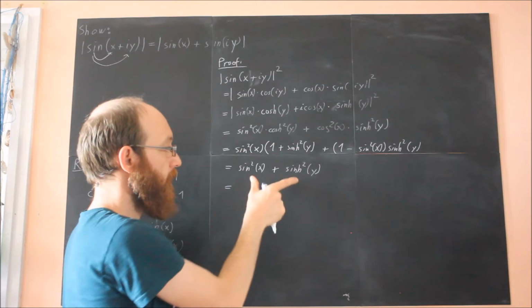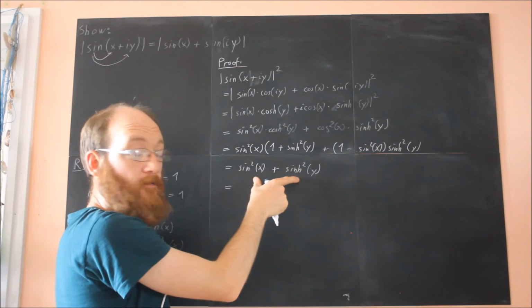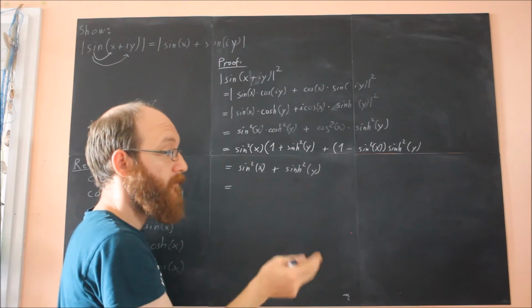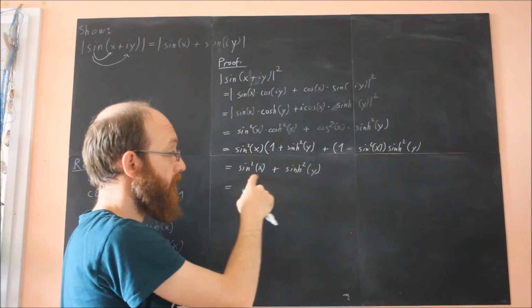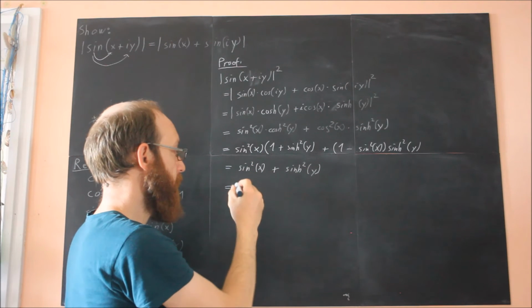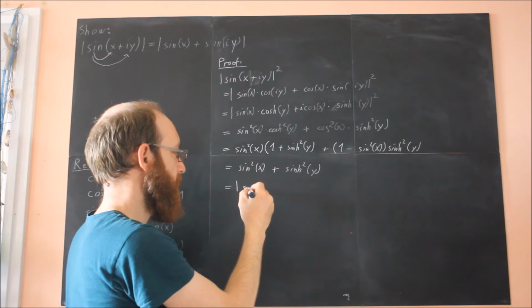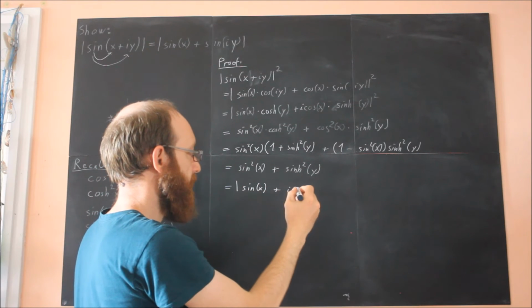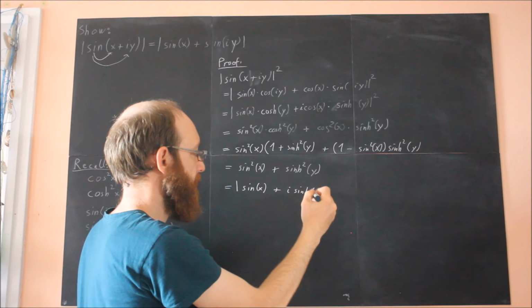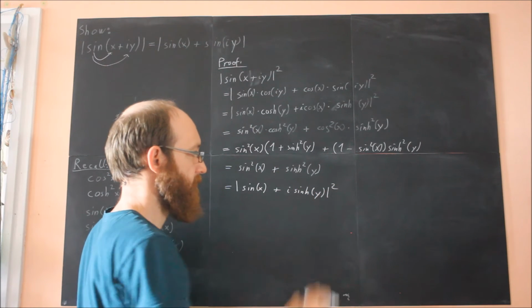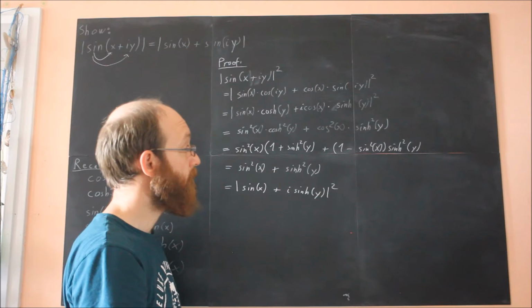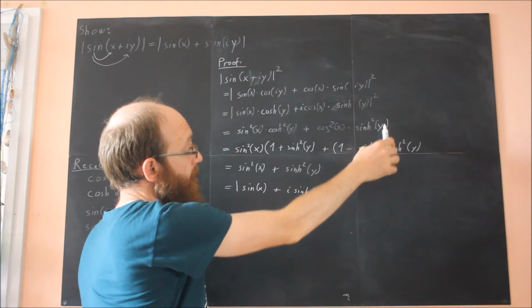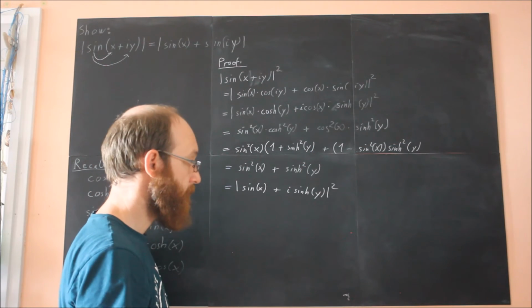Good. But now we can use the definition of the magnitude of a complex number. So if this is the real part and this is the imaginary part, this is the magnitude of sine x plus i times hyperbolic sine of y, squared. Alright? So this is this step in the other direction.